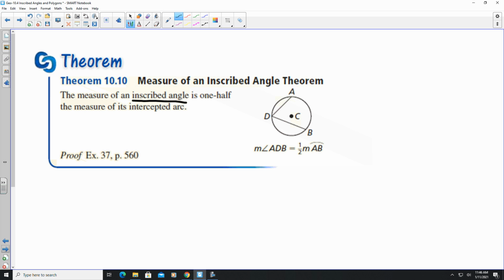So what you can say is, for instance, if this angle here was 80 degrees, that means that the arc measure for AB is going to be 160, because this inscribed angle is half the size of the arc measure.